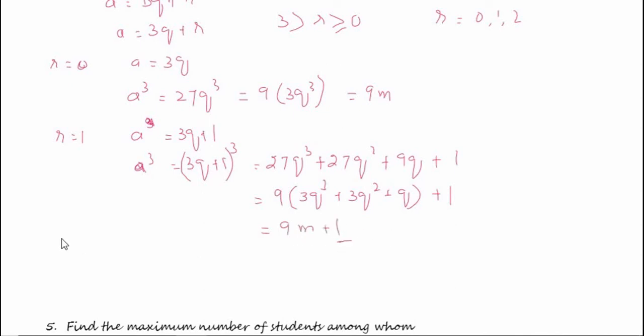Now when r equal to 2, a equal to 3q plus 2 whole cube. Now this is 27q cube plus 54q square plus 36q plus 8.